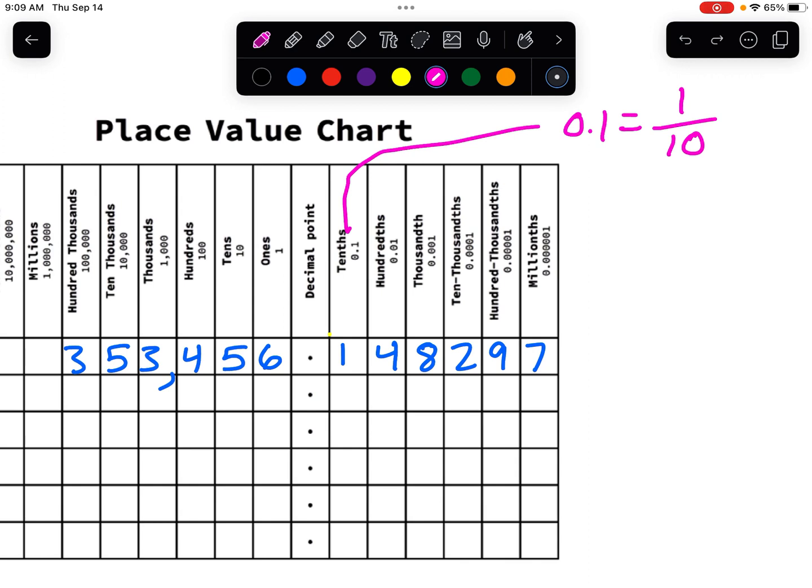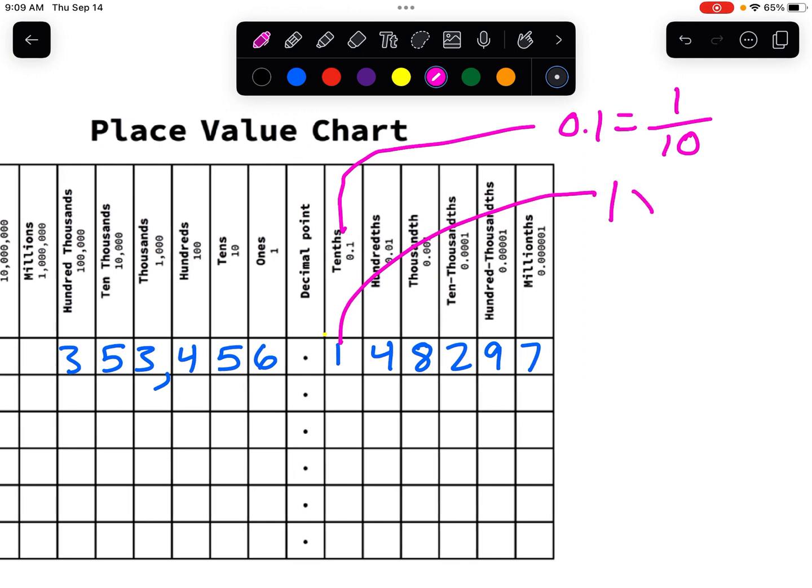So whatever number is in this tenths place, here it happens to be a 1, basically all this number means is it's the number in that place, which is 1, times 0.1, which is the same as 1 times 1 over 10. Again, we're going to do some practice with this, so if it confuses you now, don't worry. We are going to work on it more to gain our understanding.